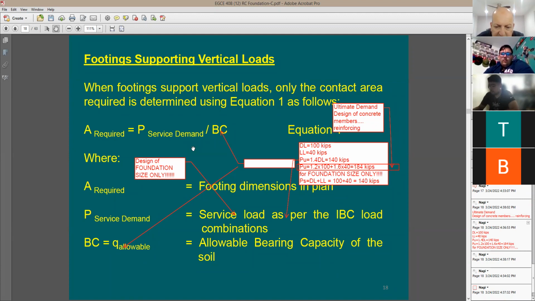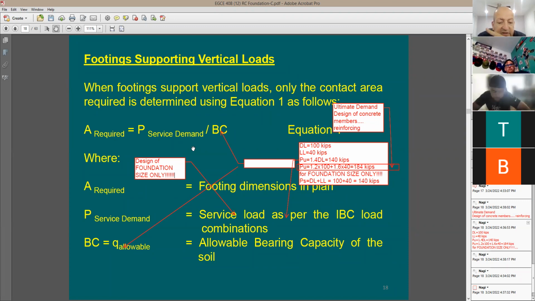Service demand, which means just dead load plus live load, is used to size the footing. Ultimate demand, this is when you include the load factors. You're going to be using it to design the reinforcing in the footing. So for the same footing, I'm going to have two different demands.